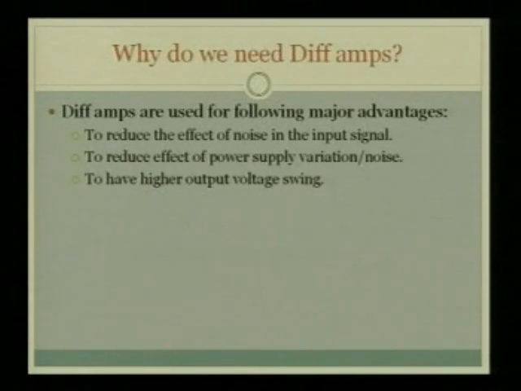The question is, why do we need differential amplifiers? Yesterday, in the last class, we studied single stage amplifiers and a number of their topologies. But why do we need diff amps? Actually, the trend is that the supply voltage VDD is gradually decreasing.